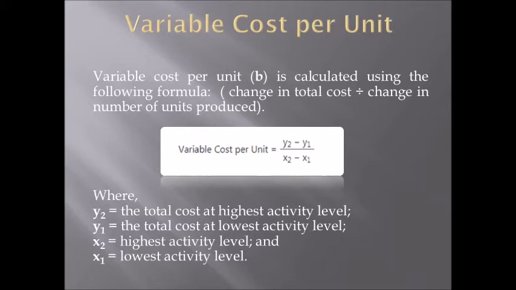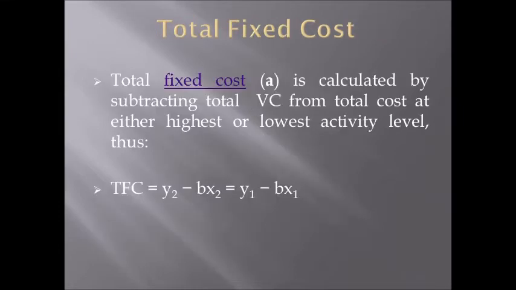It is the change in y divided by the change in x, where y2 is the total cost at the highest level of activity, y1 is the total cost at the lowest level of activity, x2 is the highest level of activity, and x1 is the lowest level of activity. After we calculate variable cost per unit, we can calculate total fixed cost.